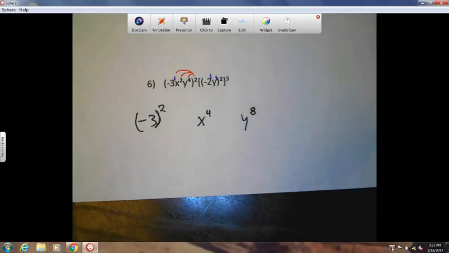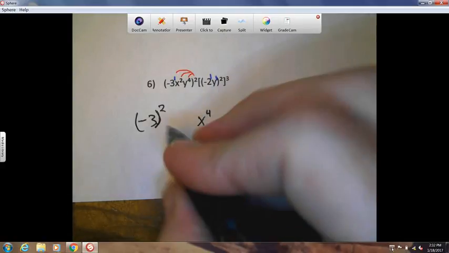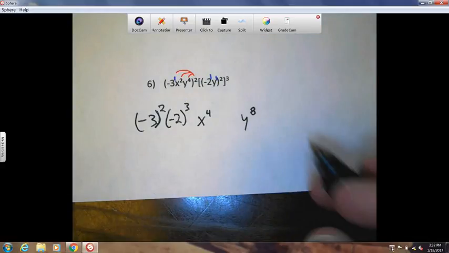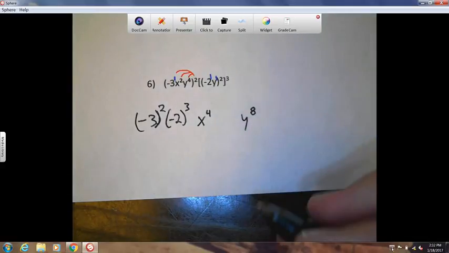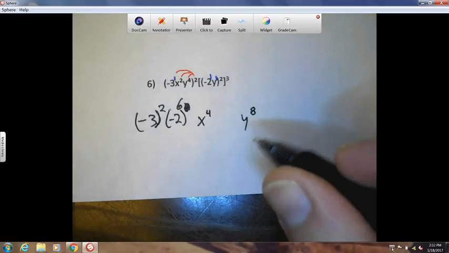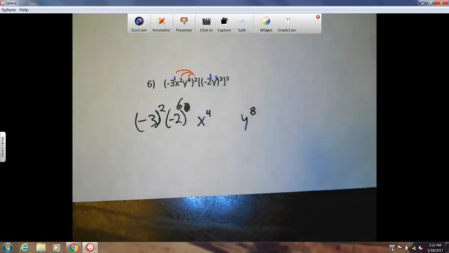I have negative 2 to the third, sorry, that's wrong, negative 2 to the sixth power, because I'm multiplying all these. 2 times 3 times 1. There is no x. And then I have y to the sixth.